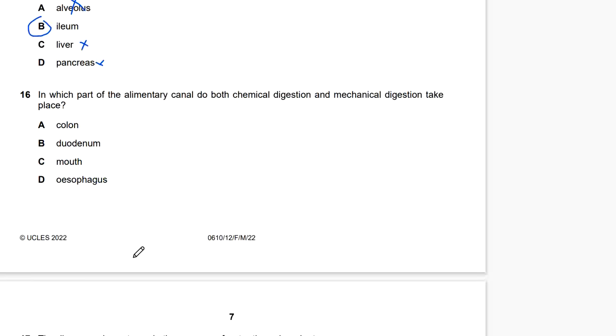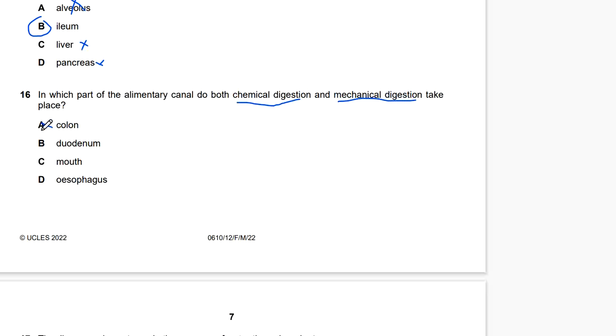In which part of the alimentary canal do both chemical digestion and mechanical digestion take place? So of course, when we're talking about chemical digestion and mechanical digestion, chewing occurs for mechanical digestion. The colon cannot chew but can have chemical digestion.